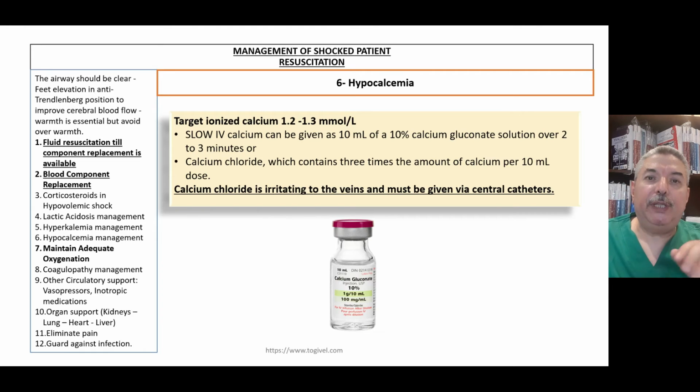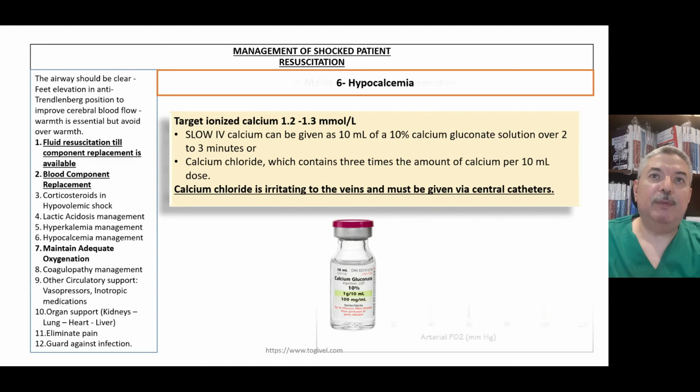In order to reach the target ionized calcium concentration, I will need to re-request the serum ionized calcium investigation about 10 minutes after I give this vial.